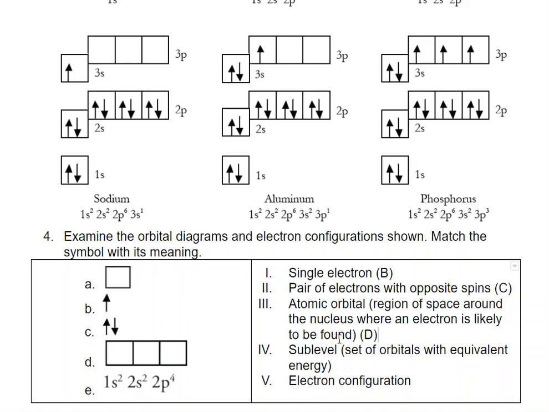So that means that a single box is going to represent an orbital. For example, the p sublevel is split up into px, py, pz. It's split into these three pieces. And then that means, of course, that E is our electron configuration.